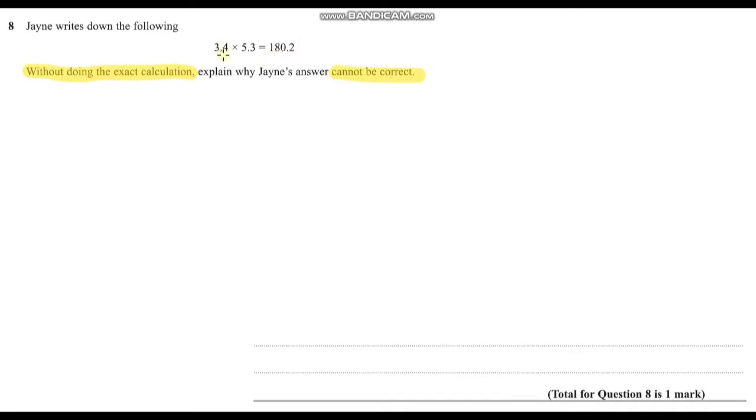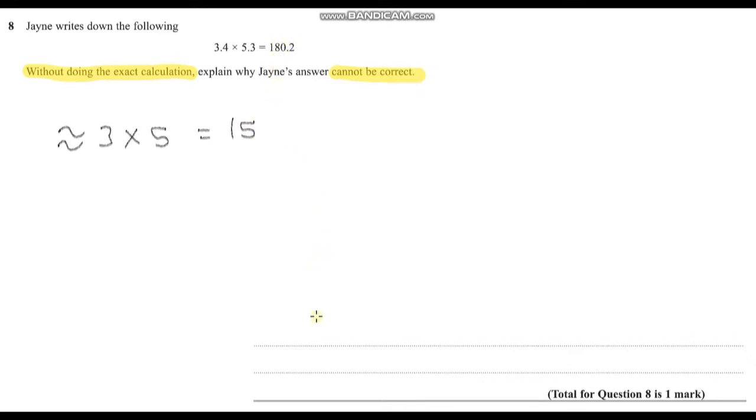Now I can see that if we round the numbers, the calculation is going to be approximately 3, because I'm just rounding this to one significant figure, multiplied by 5, which gives us an answer of 15. And we can clearly see that 15 is nowhere near 180.2, so she must be incorrect.